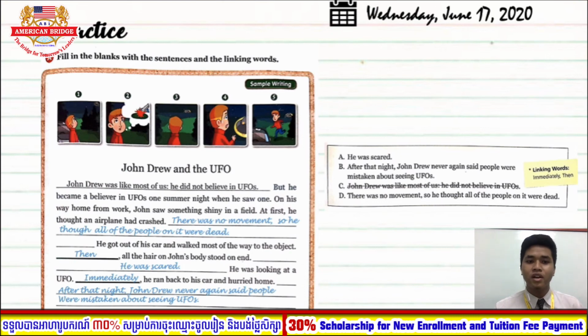So this here is the final piece of writing, the completed one. Everyone, after you read this, I hope you have learned some of the important concepts of the lesson.